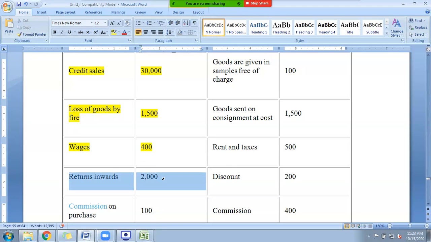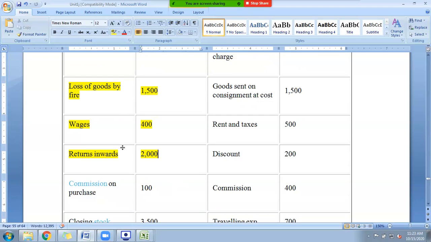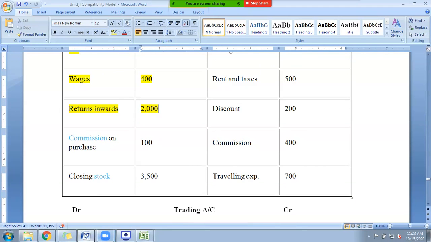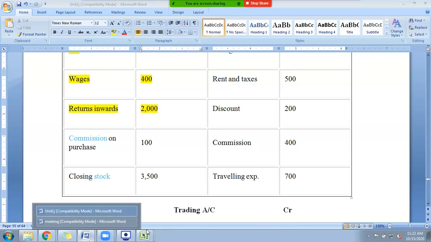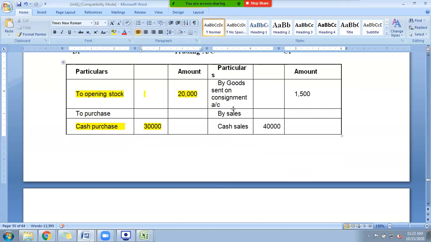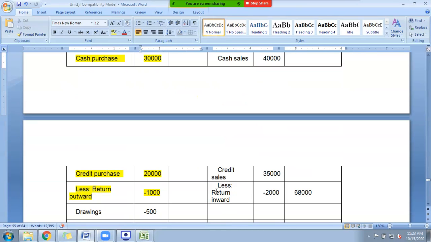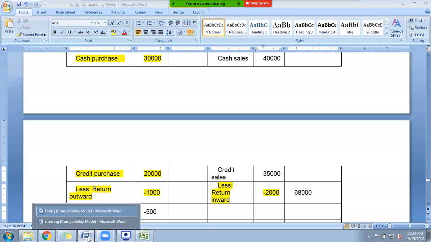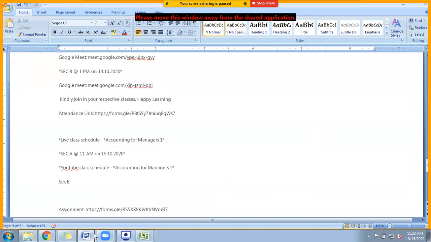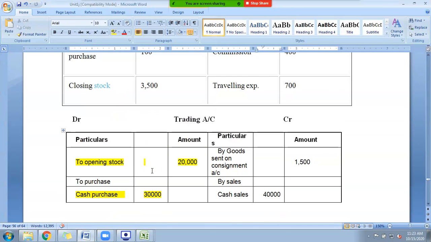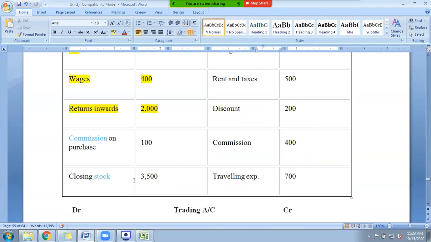Okay, whenever return inwards is there, it means sales return. So definitely sales will be there. So I write return inwards. Whenever you encounter any transaction, keep on recording it. You don't need to do any other thing. So finally you will get it done.